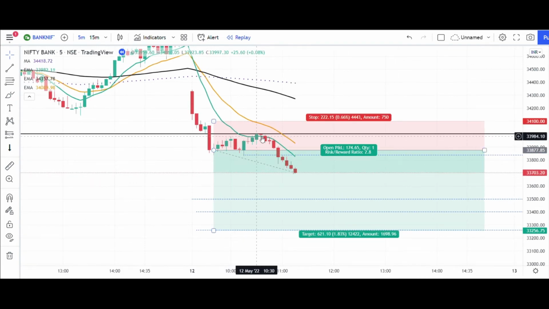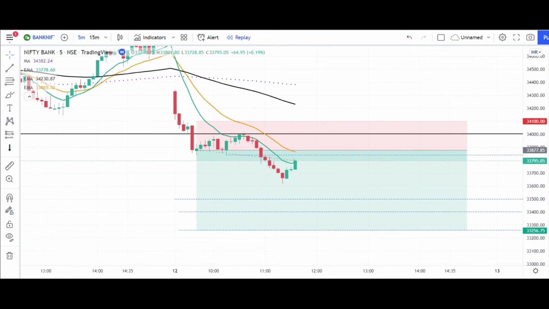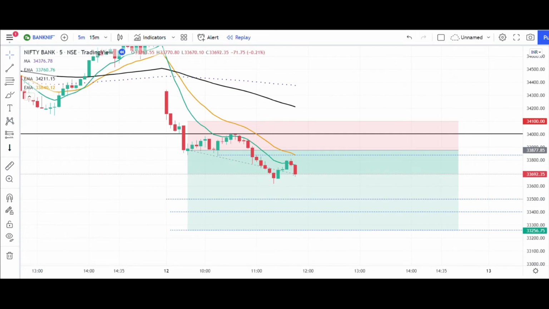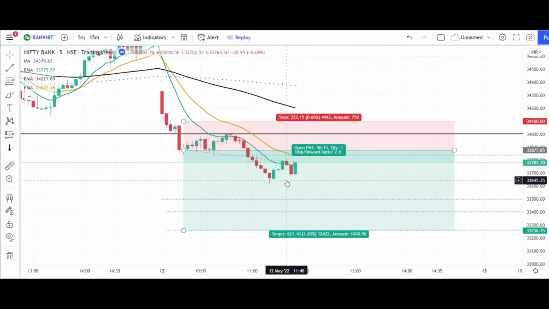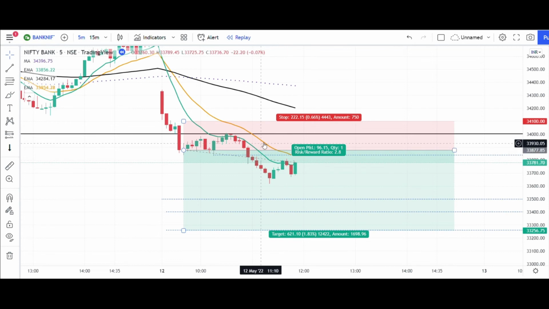And look at this, how it has been rejecting from the 10 exponential moving average. So now the trade has started to go in our direction, but still not yet hit our first target. So I would prefer to take the stop loss as soon as it closes above the 20 exponential moving average.